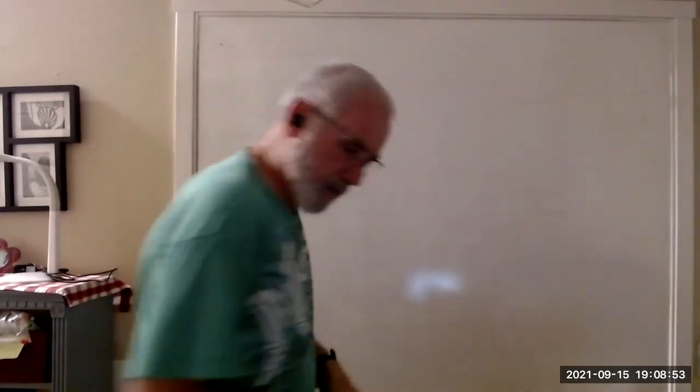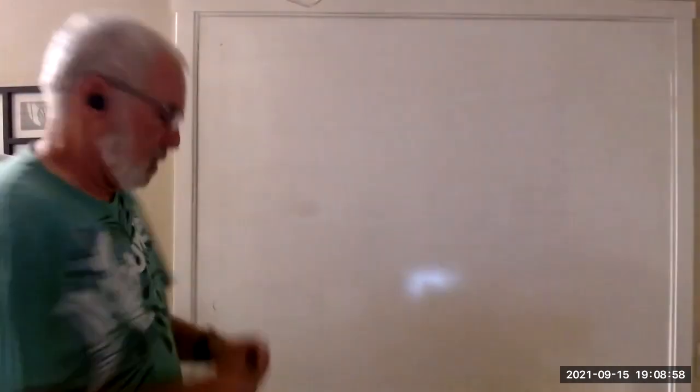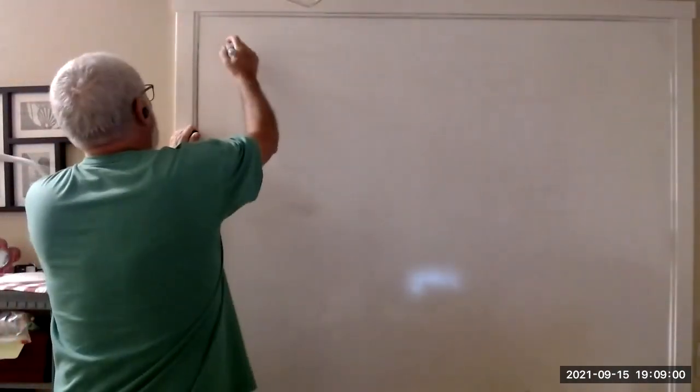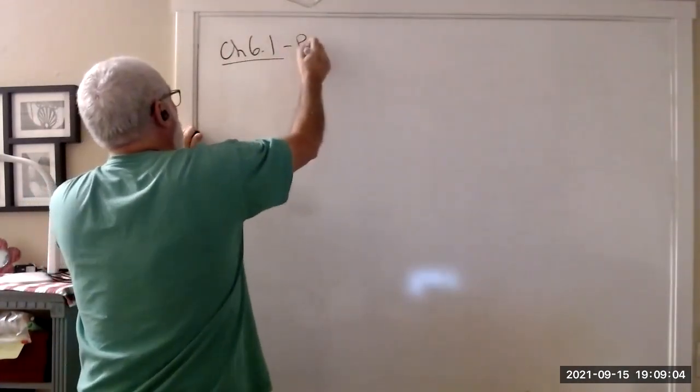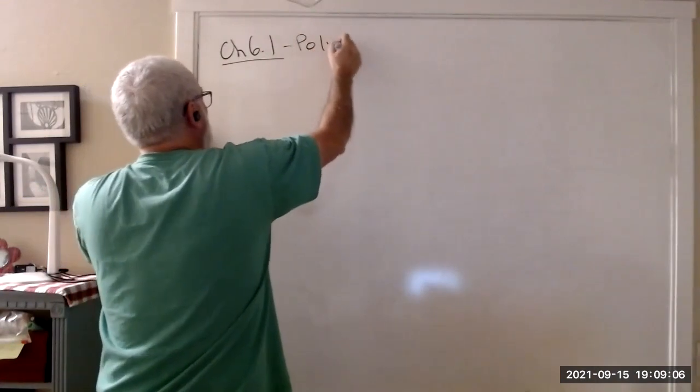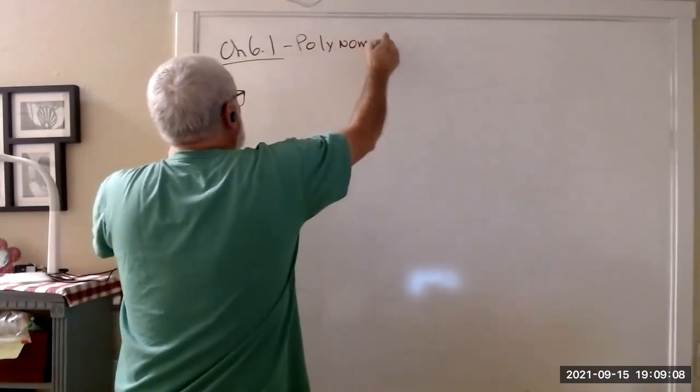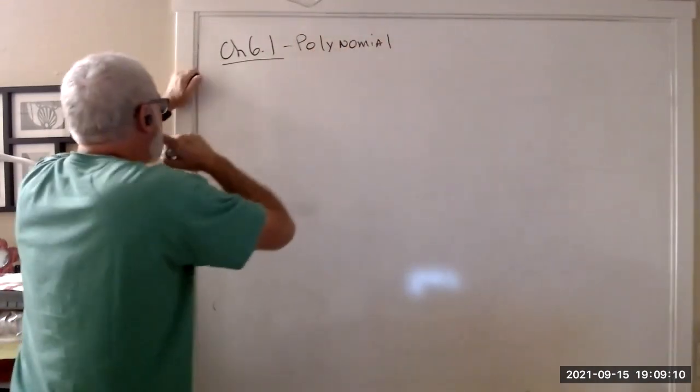All right, so here we go with chapter 6. 6.1 talks about something called a polynomial.